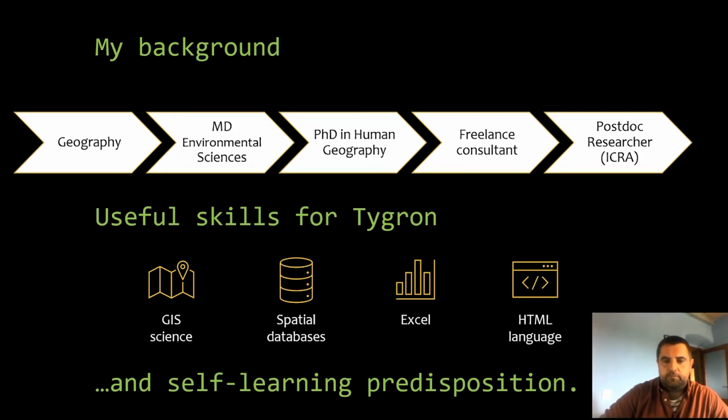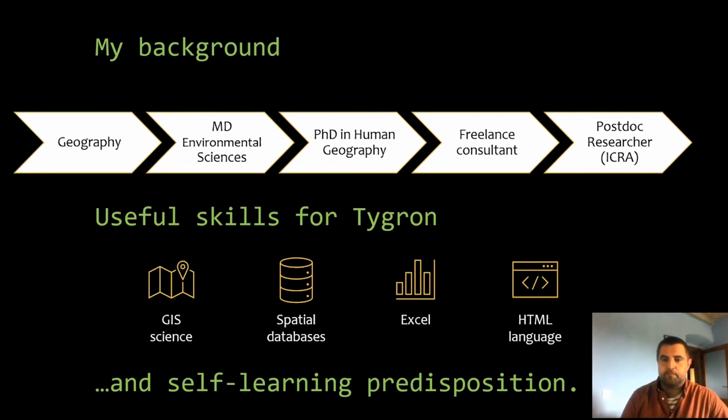First of all, I want to talk about my background because I think it's important to understand my self-learning process with Tygron. I'm a geographer, so I'm quite proficient using geographic information systems, which have been very important to build a city model in Tygron and to use that to calculate indicators.